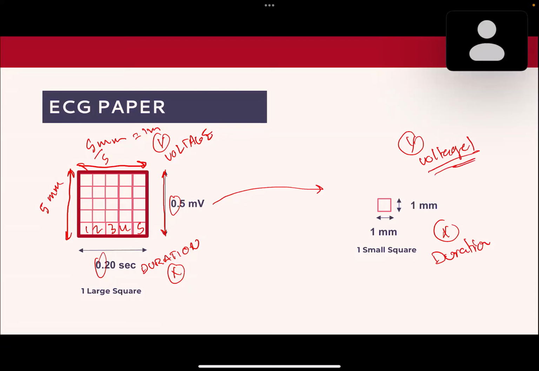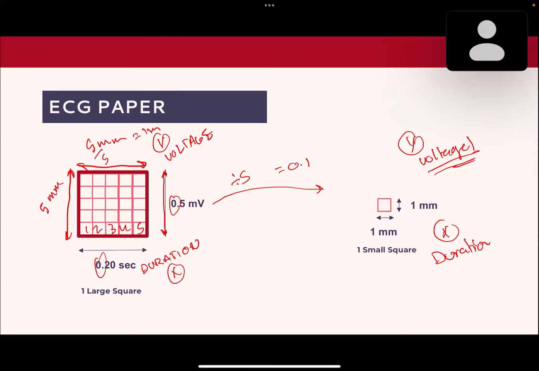If 1 large square is 0.5 millivolts, and we take one of the 5 small squares in this large square, how much voltage is in that small square? 0.1 millivolt. Exactly. How did you find out? If 5 small boxes make 0.5, only one will be 0.1. Exactly, you just divide by 5 and you get 0.1.